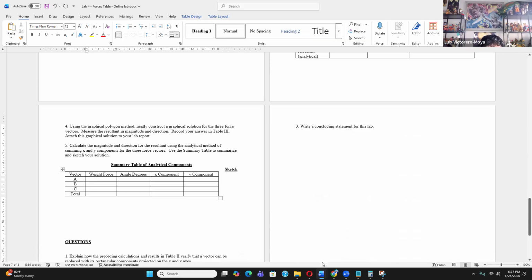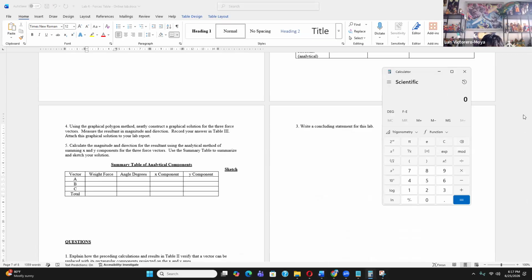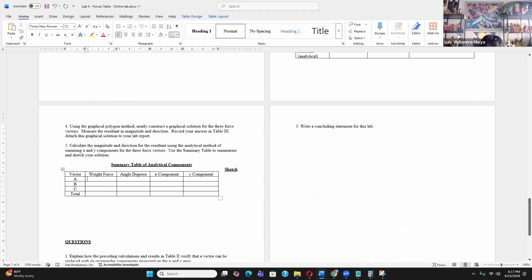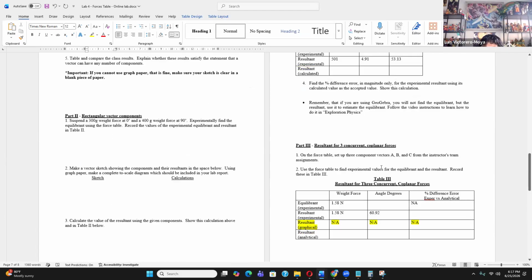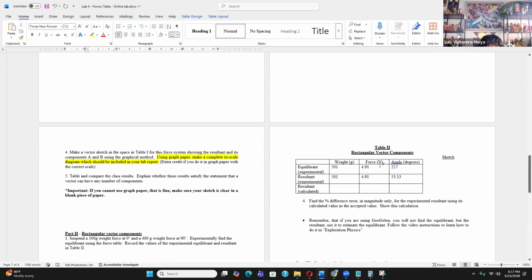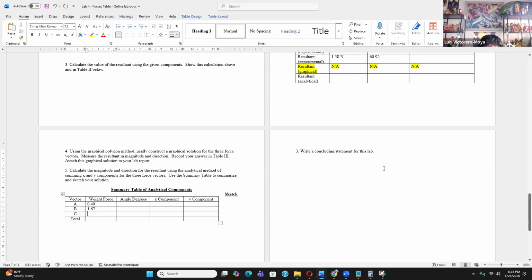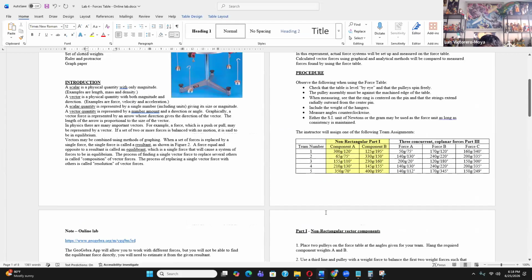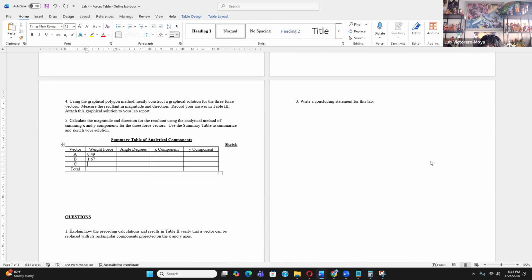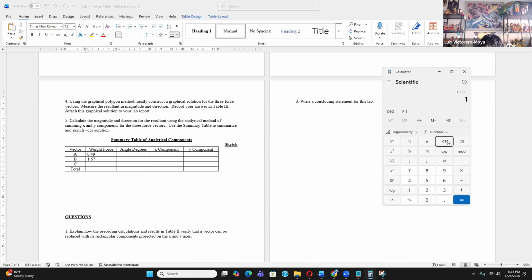So for 50 grams, what's the weight force? 50 divided by 1,000, multiplied by 9.8, 0.49. For 170, 1.67. And for C, 160, 1.57.